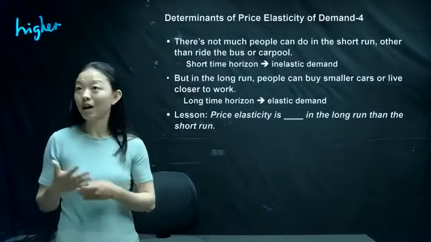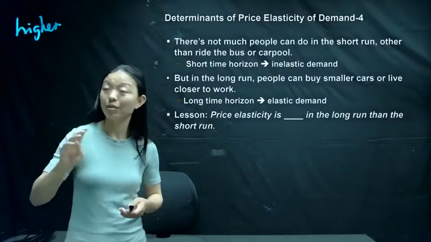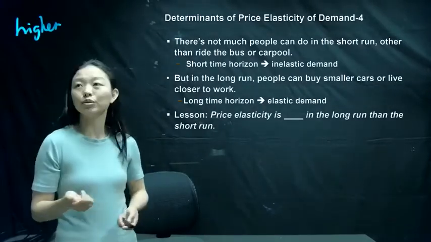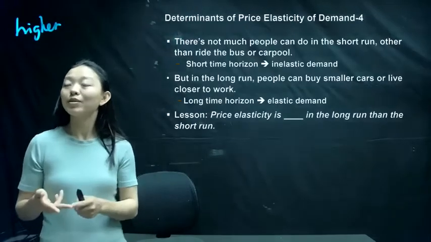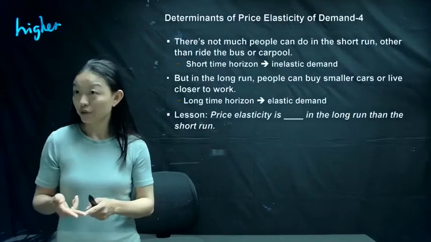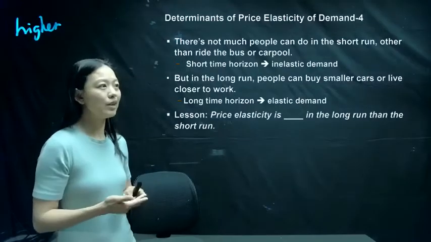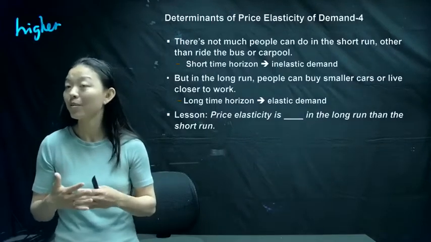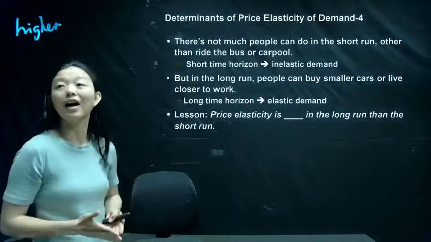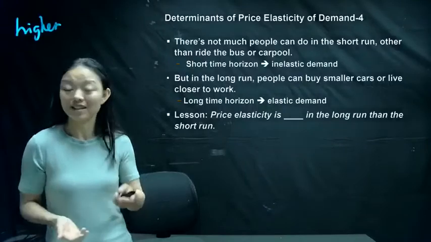Okay, so up to now, we have done four determinants of price elasticity of demand, right? Including the existence of substitutes, whether the product is a necessity or a luxury, and we also learned how the market definition affects the price elasticity of demand. And the last one, we learned how time affects the price elasticity of demand.